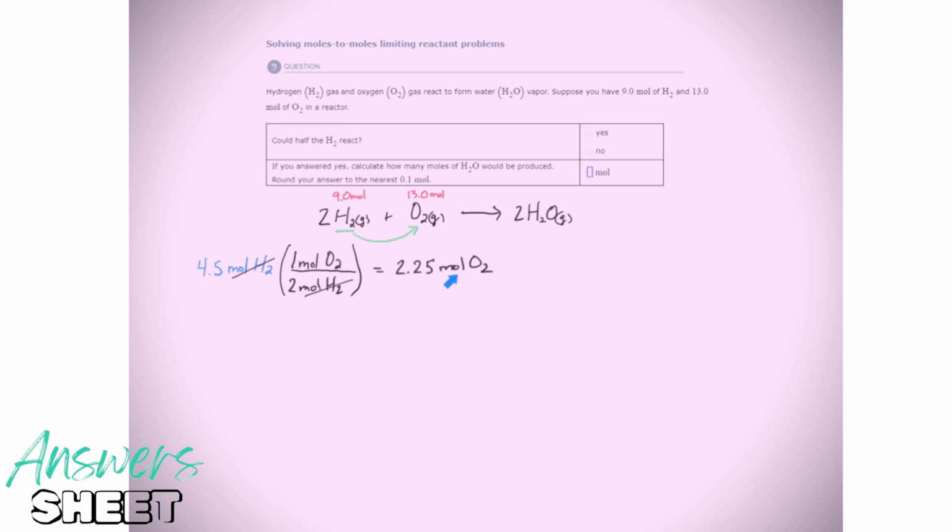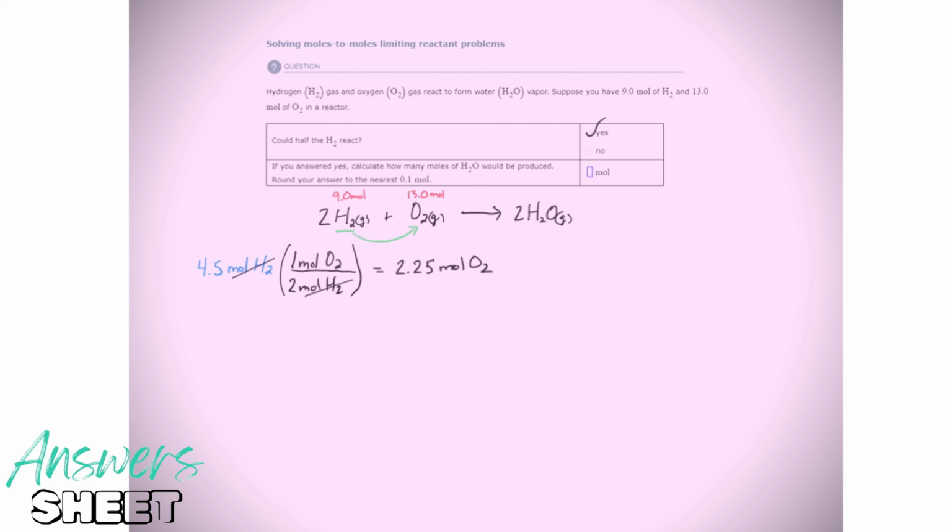If I have 2.25 moles of O2, I can use up all of these 4.5 moles of H2. Okay? And so, do I have 2.25 moles of O2? Yeah, I have 13. So could half of the H2 react? Absolutely, because I have more than enough O2 for it to react with.